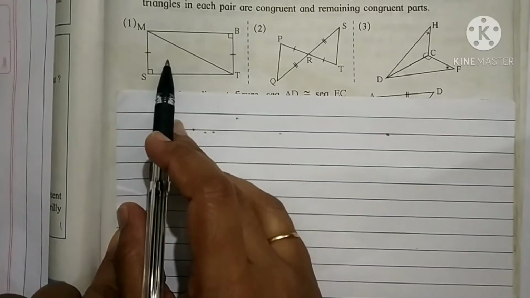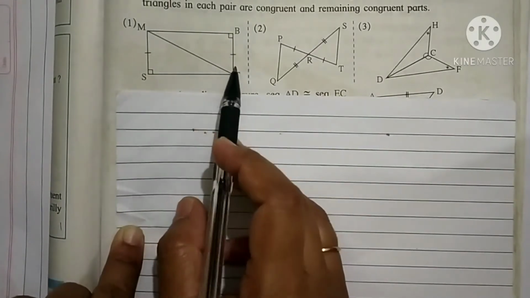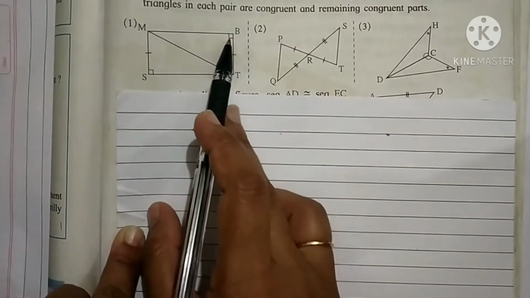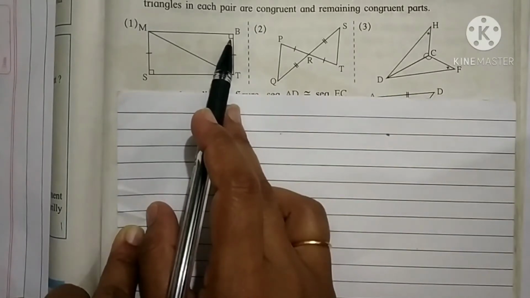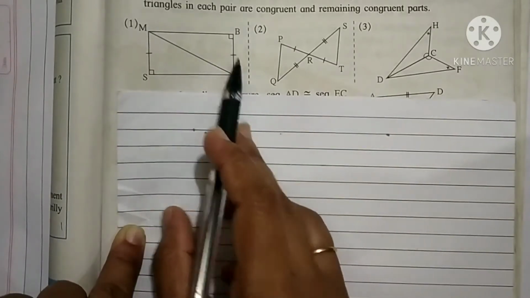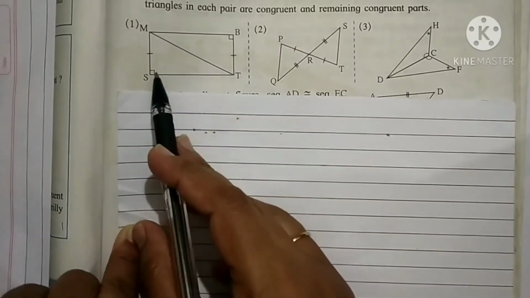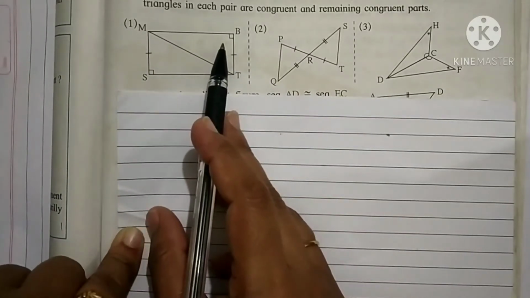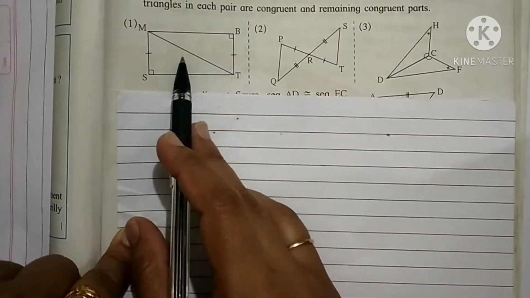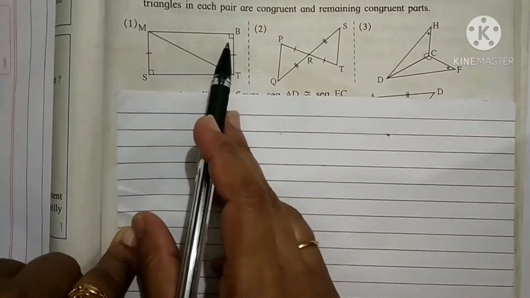Therefore this is a right angle triangle. And in triangle TBM, angle B is equal to 90 degrees. Therefore triangle TBM is also a right angle triangle. Here we have to find by which test these two triangles are congruent.